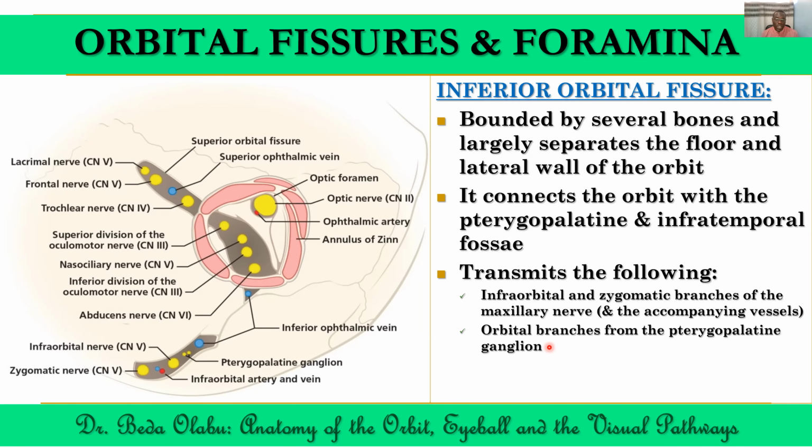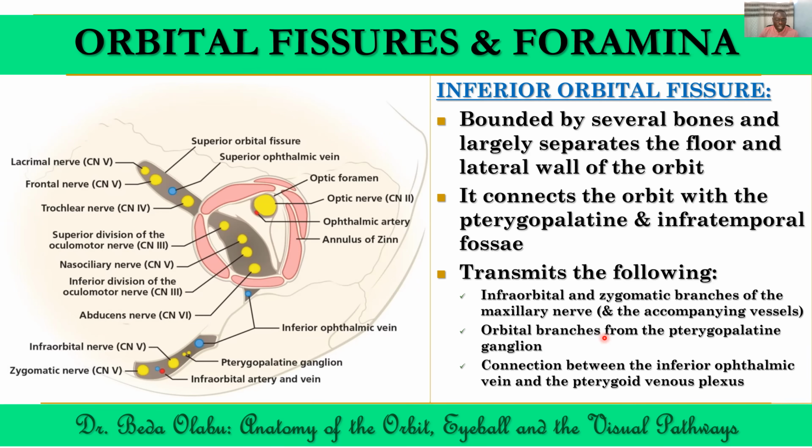If you remember that story, from the facial nerve, we have the greater petrosal nerve, which joins with the deep petrosal nerve to form the Vidian nerve, or the nerve of the pterygoid canal. The fibers join maxillary nerve, then synapse within the pterygopalatine ganglion. So postganglionic fibers from this ganglion pass through the inferior orbital fissure to enter the orbit.